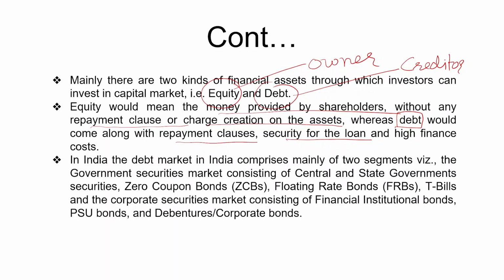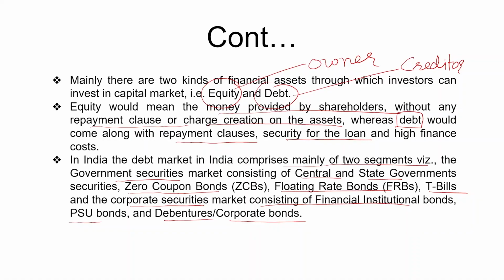In India, the debt market comprises mainly two segments. One is the government securities market, consisting of central government and state government securities, zero coupon bonds, floating rate bonds and treasury bills. The other is the corporate securities market, consisting of financial institution bonds, public sector undertaking bonds, debentures and corporate bonds. So, basically we divide this debt market into two categories, one led by government securities, another led by private securities.